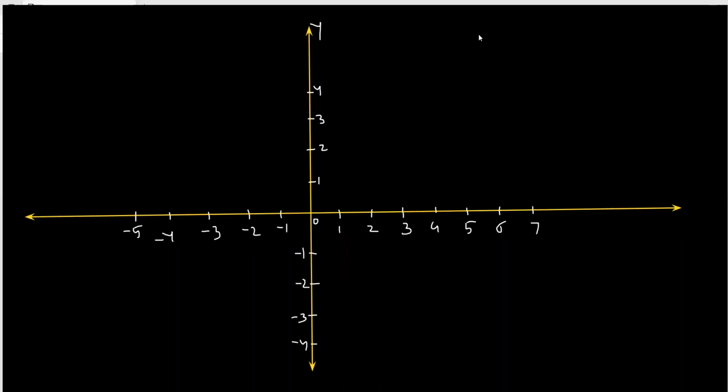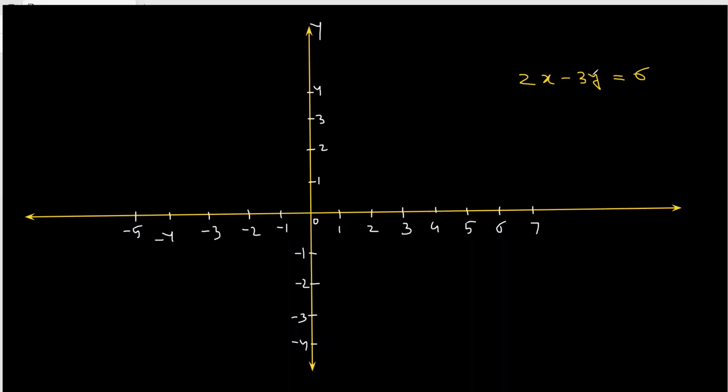Suppose, students, that I plot a line, and the line I plot is 2x minus 3y equals 6. So what is this line?